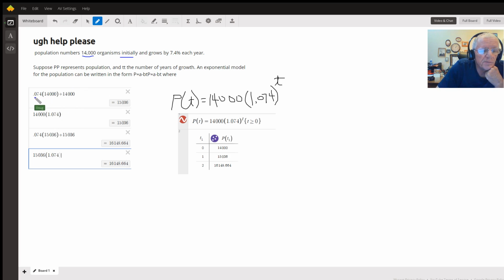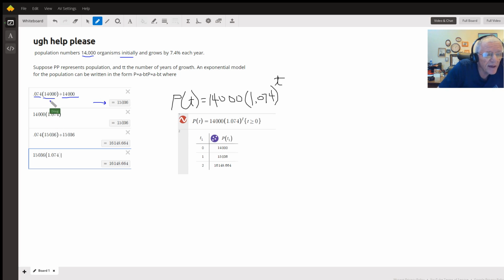Well, I have to take 0.074, that's 7.4% of 14,000, and add it on to the 14,000 that I started with. So there's what I would have at the end of 1 year.